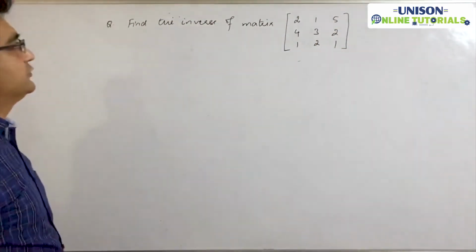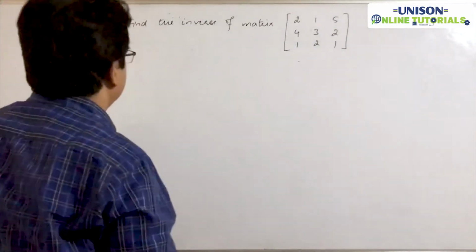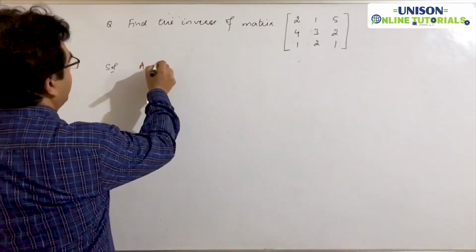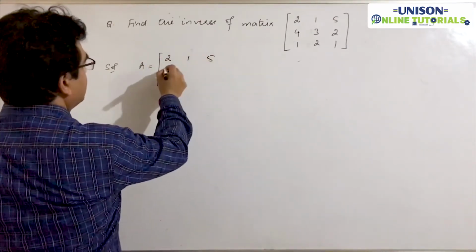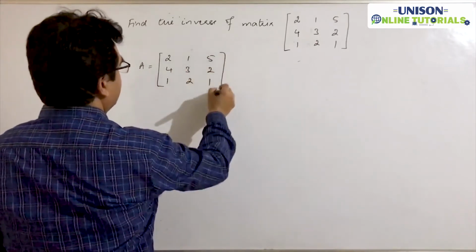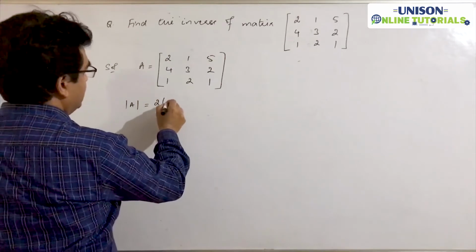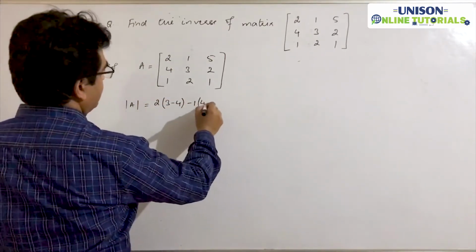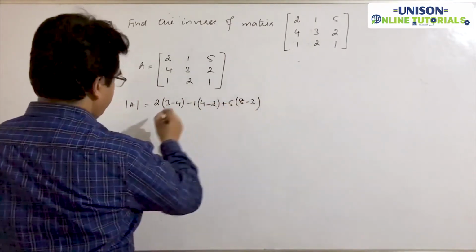Let's take this matrix equal to A. Let's find its determinant. It will be 2 into (3 minus 4), minus 1 into (4 minus 2), plus 5 into (8 minus 3).